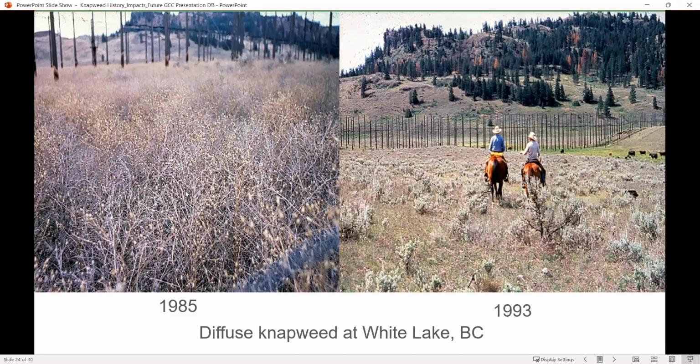It's probably belly high on the horses. Our ranchers have often told us that in those days, prior to effective biocontrol on diffuse in that country, that's what you would typically see. By almost 8 years later, we saw a dramatic decline, and here you can see the two ranchers riding through the same infested area that was shown on the left.